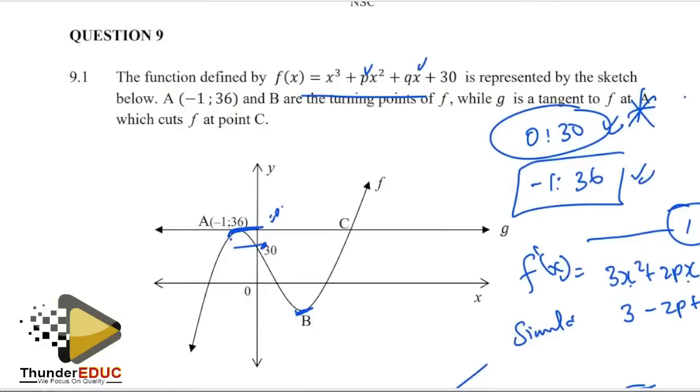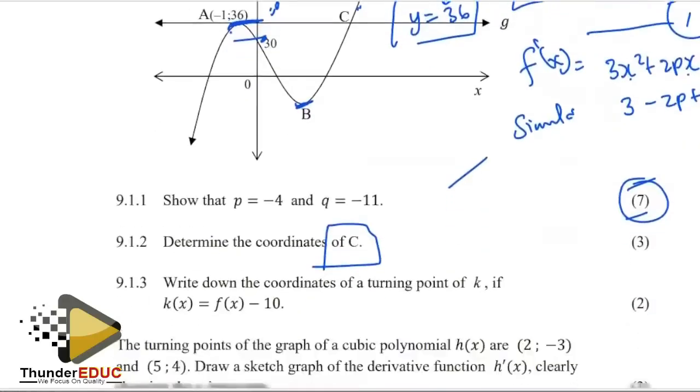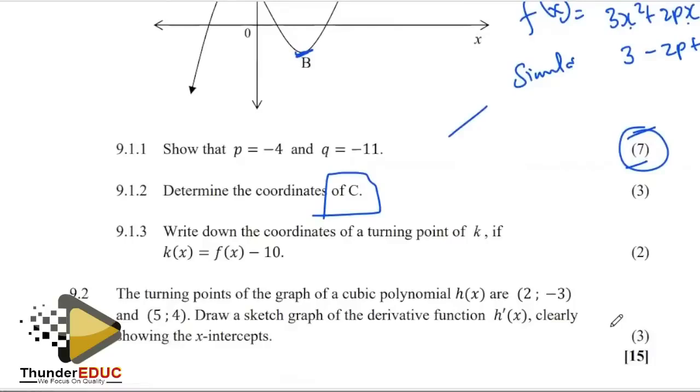If that is the case, the equation of this line is just going to be y is equal to 36, and then equate this to this equation, to this f. So where there is f of x or y, put 36 and then solve that equation. You'll get 2 points. One is going to be with -1, and then the other is the c coordinate that they need. And so on. So the rest will be just application questions.